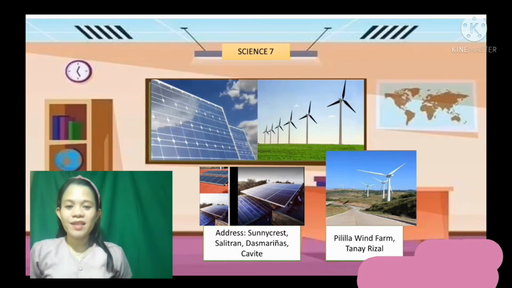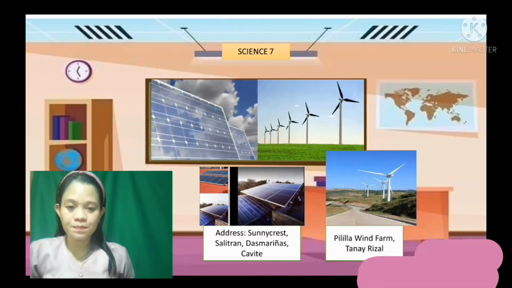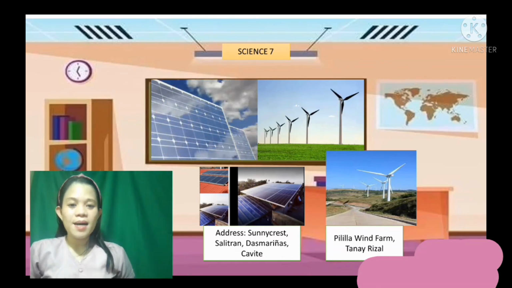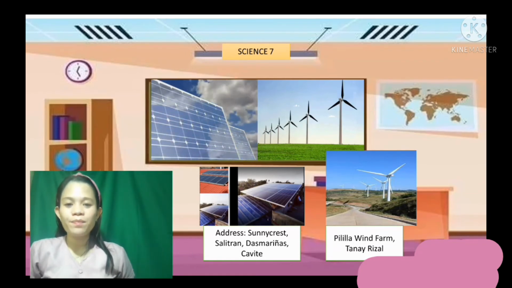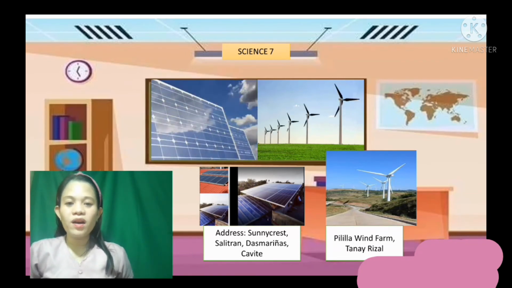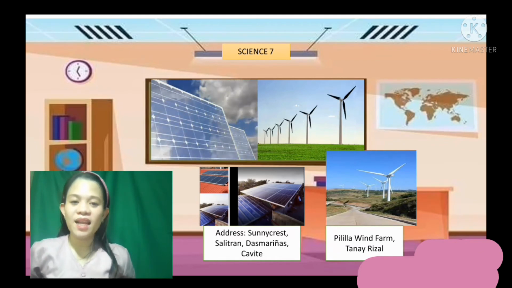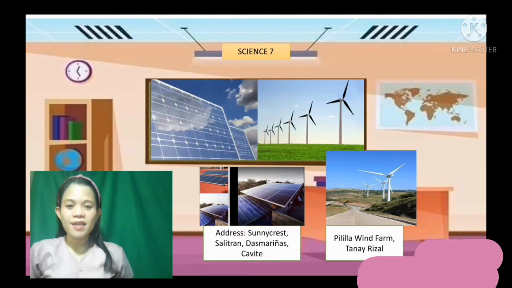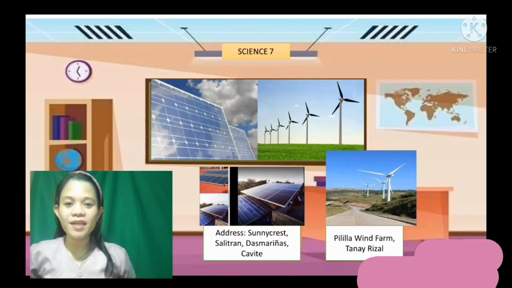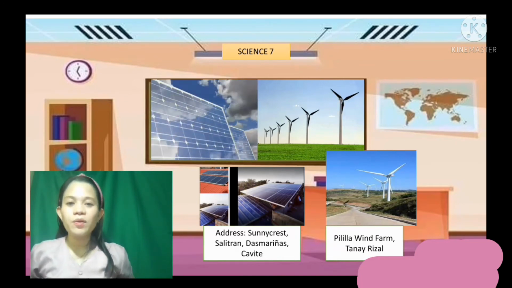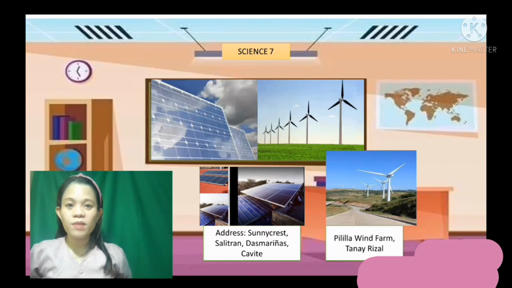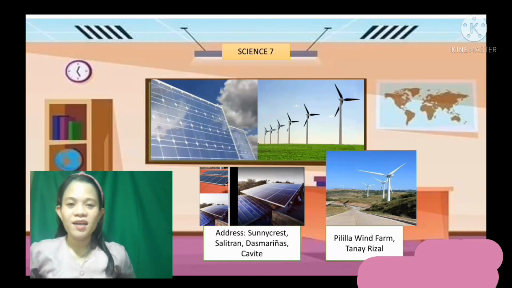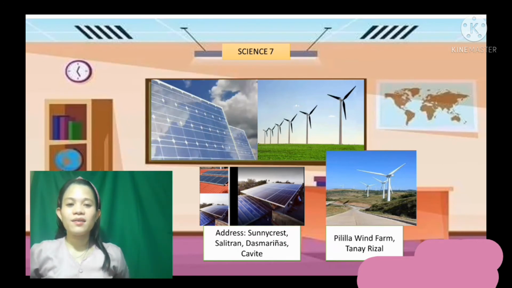So, in Cavite, in Dasmariñas, Cavite, so, sa Karatig Barangay lang, in Salitran, so we have the most popular solar panel na ginagamit nila. Okay. So, some other people here in Barangay Salawa, gumagamit din po ng solar panel para hindi tumaas ang kanilang electricity bill. Okay.